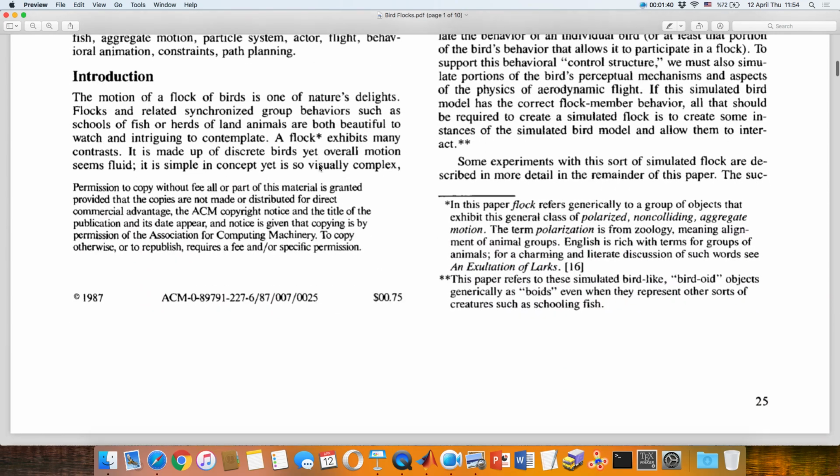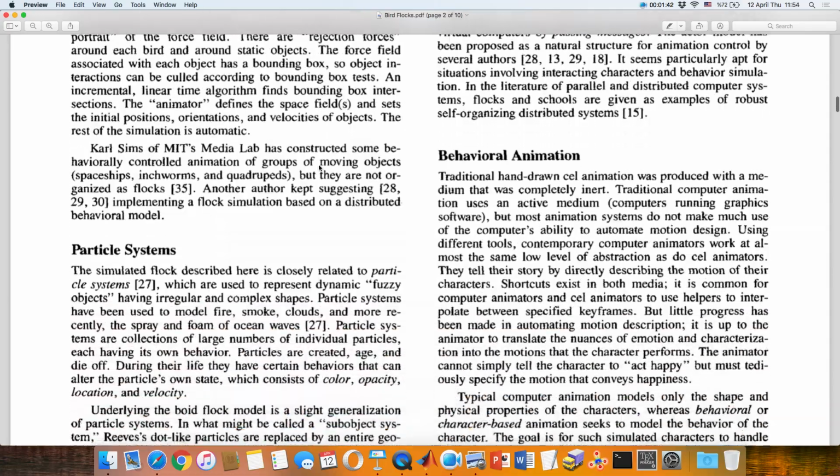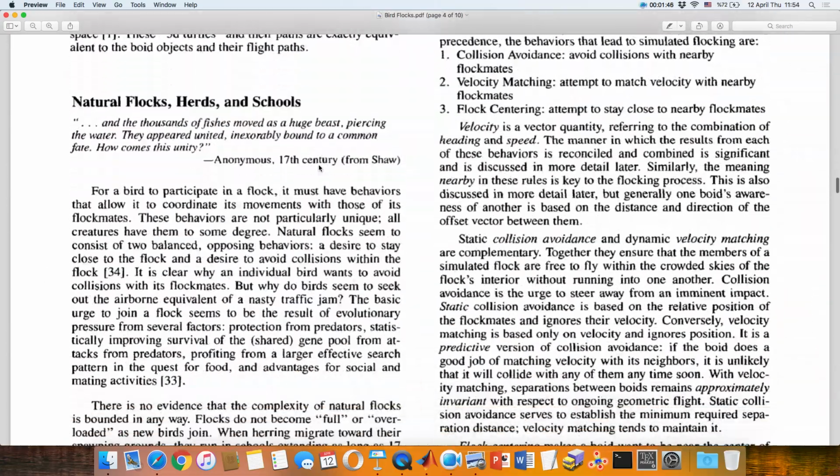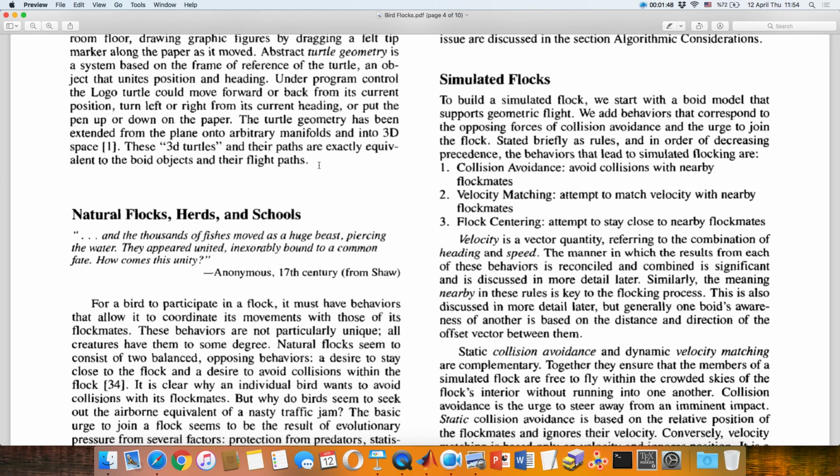It's a very simple model that tries to simulate flocks by the following things: collision avoidance, of course, right? Velocity matching, attempt to match velocity with nearby flock mates, and flock centering, attempt to stay close to nearby flock mates.